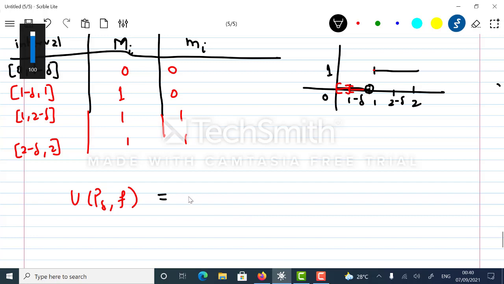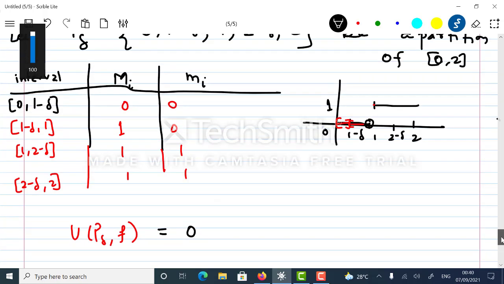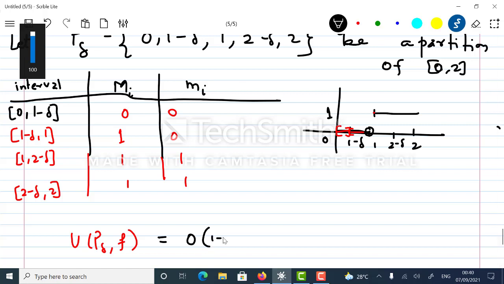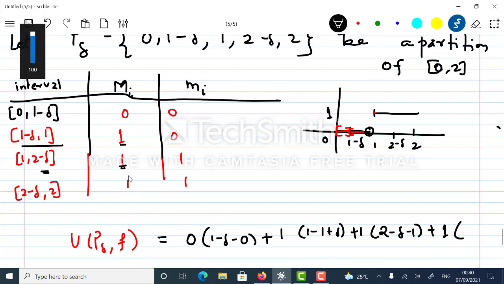So this is 0 into 1 minus delta minus 0, plus 1 into this interval's subtraction, so 1 minus 1 plus delta, plus 1 again into this interval's subtraction, 2 minus delta minus 1, plus 1 again into this interval, b minus that, so 2 minus 2 plus delta.